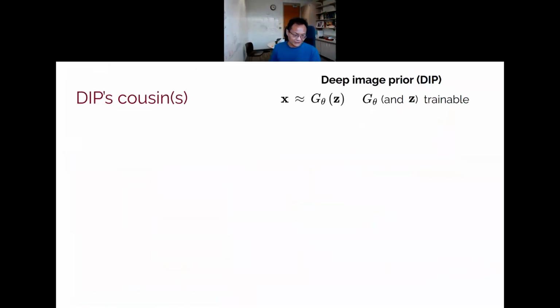Another thing related to DIP, which I call the cousin of DIP, is also interesting. It is similar to DIP in the sense that you try to parameterize your object as the output of a deep neural network, but different from DIP, it thinks of the object of interest as a continuous function.